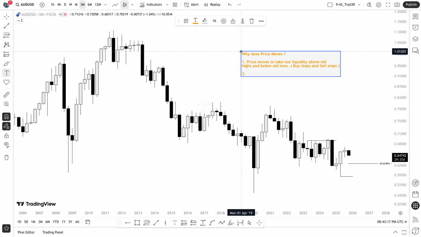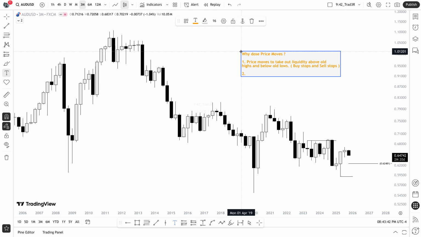So it is either moving to take out liquidity above old highs, or to take liquidity below old lows, or it is trying to balance those pockets, the fair value gaps left behind as it's trying to create those highs and lows.